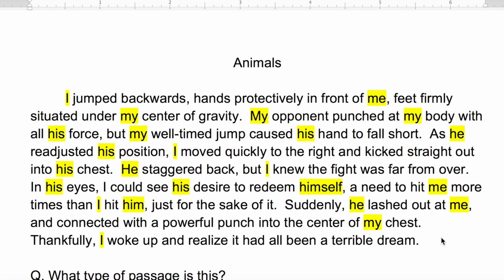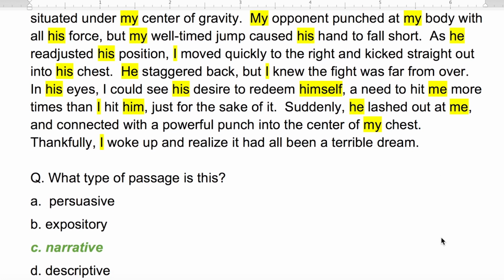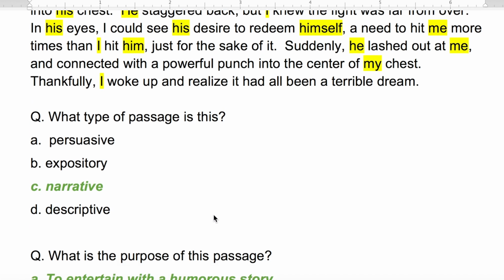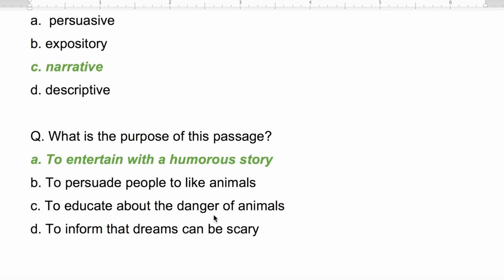Therefore, we know that this is a narrative passage. What type of passage is this? Narrative. Let's look at another question. What is the purpose of this passage? To entertain with a humorous story.